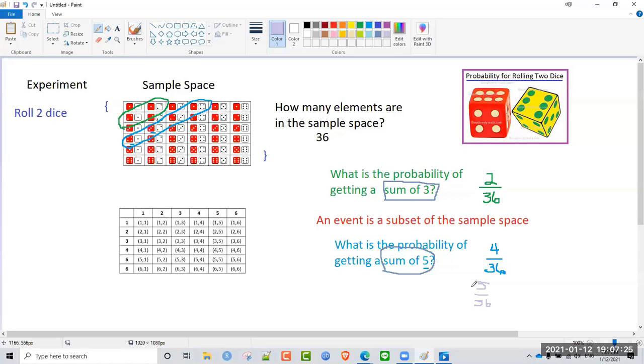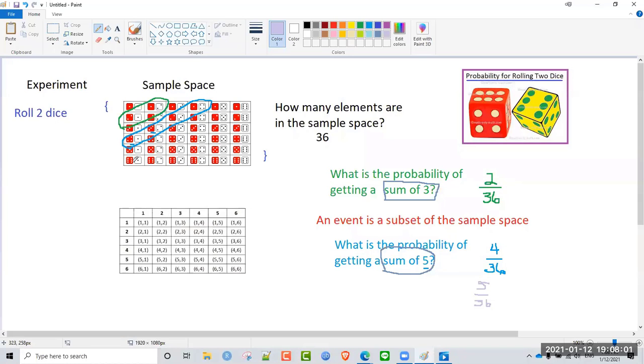So which sum is more likely, 5 or 3? 5. Which sum is more likely, 6 or 5? 6. And what is the most likely sum when you roll 2 dice? 7, because that's the longest diagonal here, right?